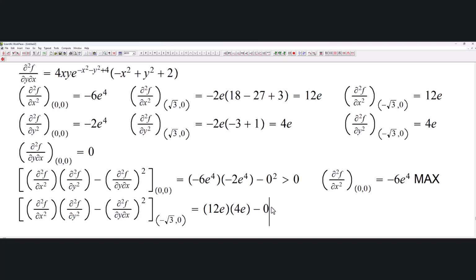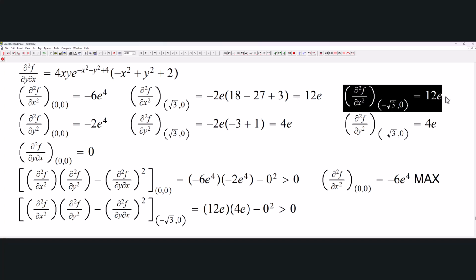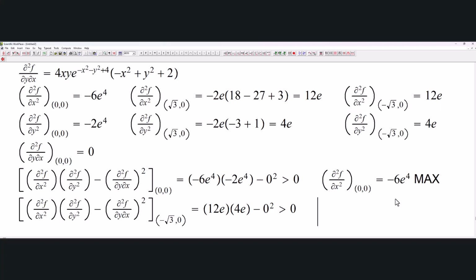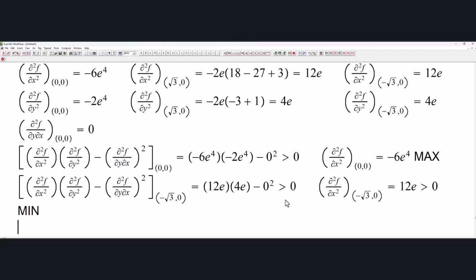So this is 0 square. Again, this is a positive quantity, so we are good to go. And if we look at the second derivative at negative square root of 30 and 0, we have that as positive, so we will have a local min there. And likewise, we will have a local min at positive square root of 30 as well.